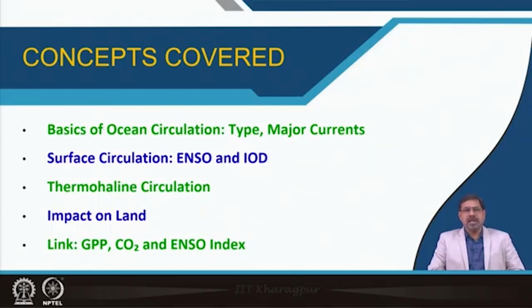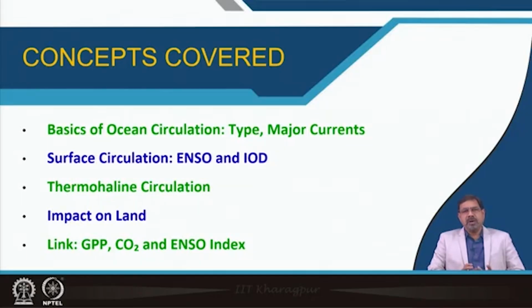Rather, in this particular class, we will emphasize the linkage. In this linkage, we will try to understand the relationship between gross primary productivity, abbreviated as GPP, carbon dioxide, and also the ENSO index.